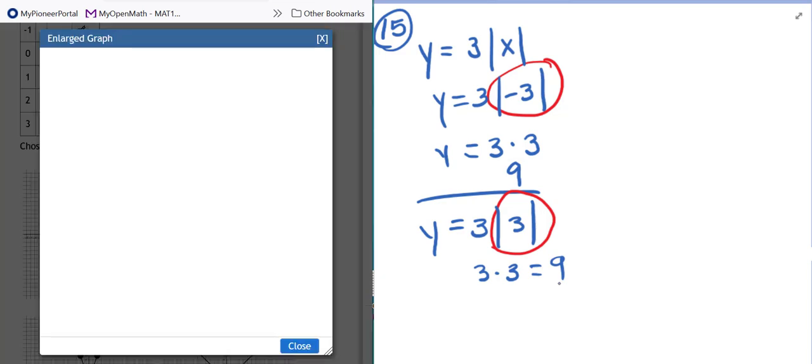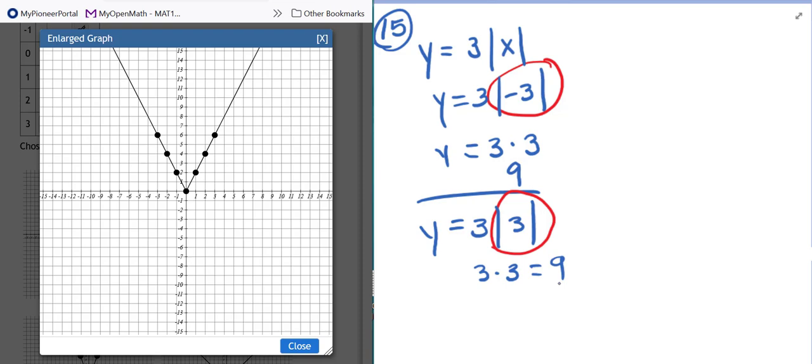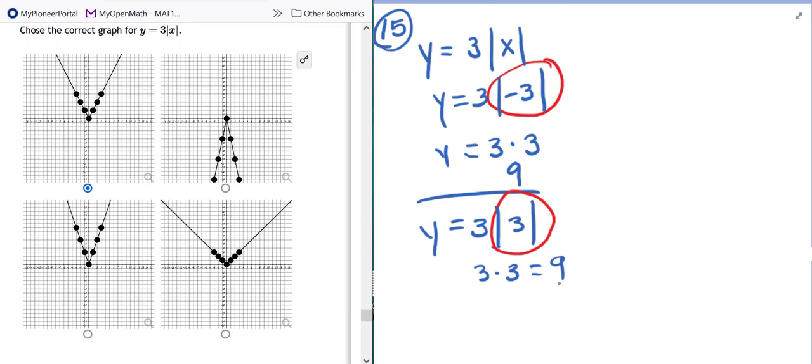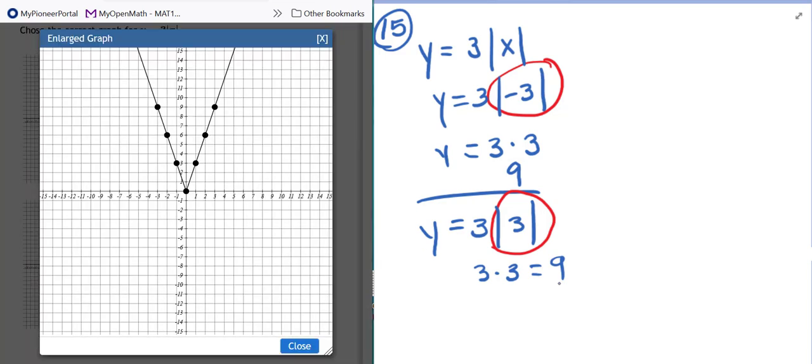I wonder what the scale is on here. All right, so let's see. Negative 3 and 9. This one's not working. All right, and negative 3, 9. This one is not going to do it. Let's see about this one. Negative 3 and 9.